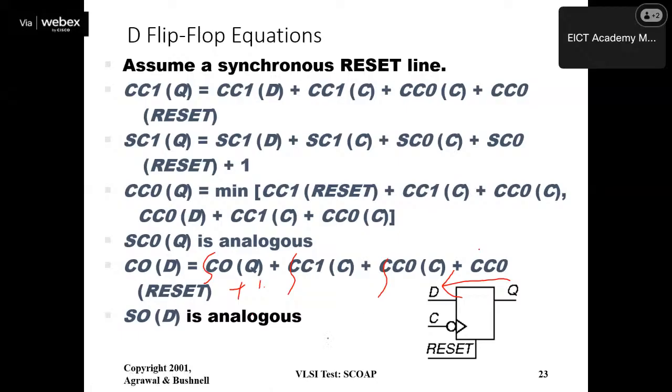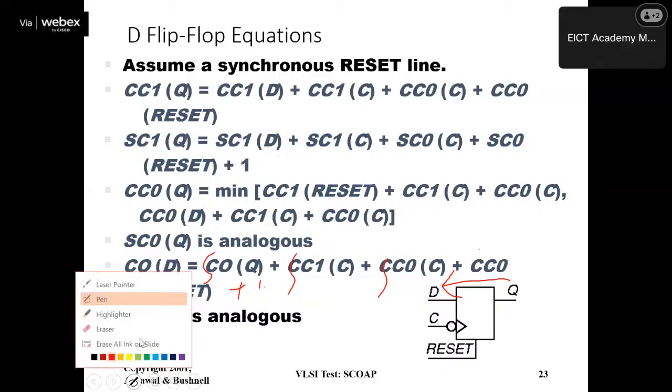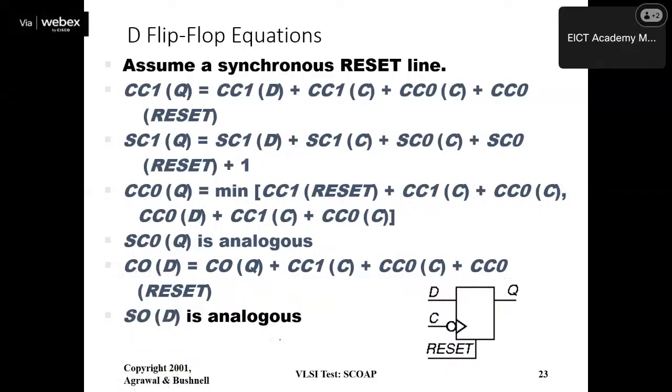So let's calculate CO of D, how it is calculated, so that we can come to the point how SO of D can be calculated. So in order to find out the effect of this on the output, what I need to make sure? I have to make sure that this is not active. It means I have to make reset equal to 0. I have to make the active edge of this clock.